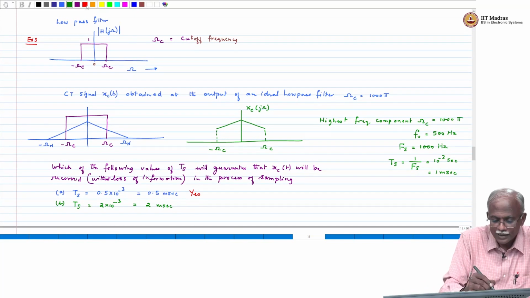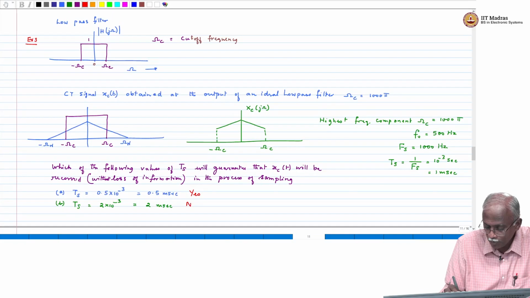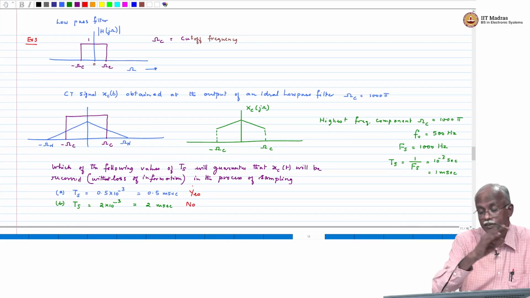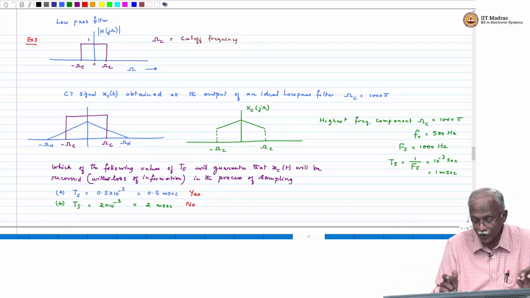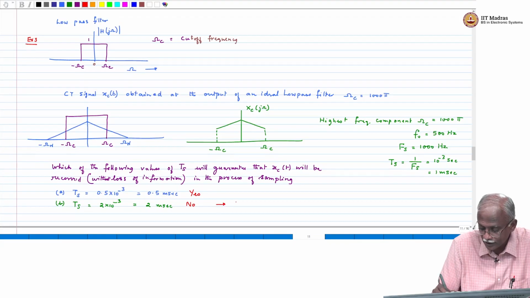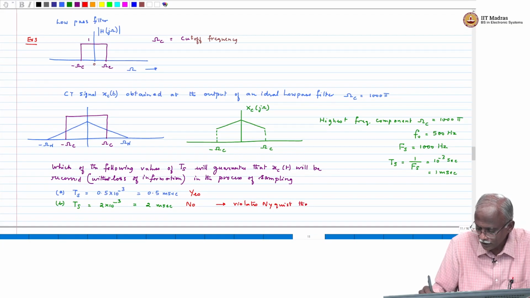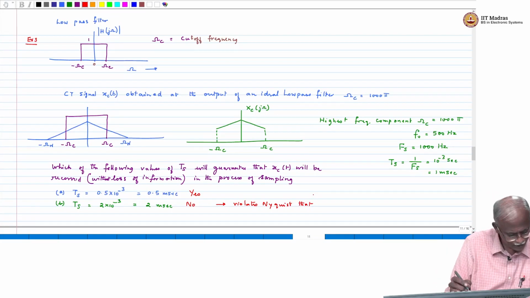So this is a case where you will not be able to guarantee that you can recover the original signal, because it violates the Nyquist criterion. I hope you are able to see that, and also apply the condition.